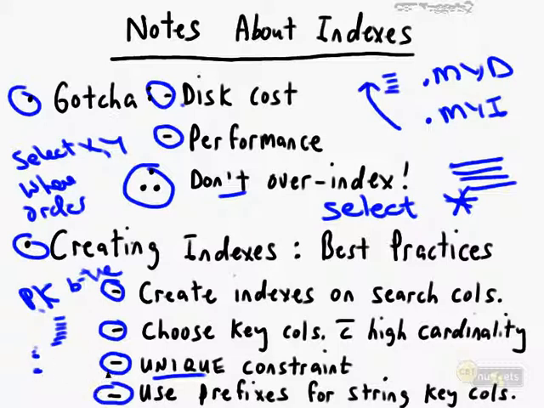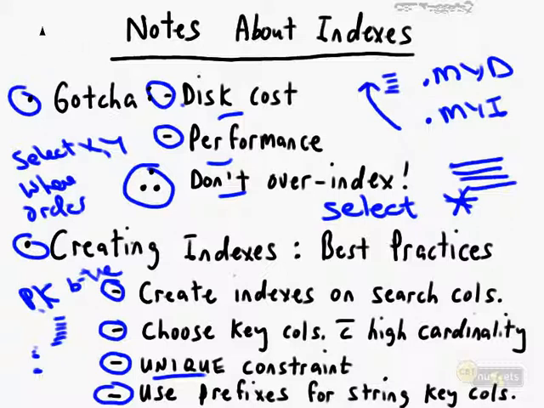Finally, if you decide to build an index on string columns, which could be very useful. I mean, last name doesn't have a great deal of cardinality, but if you're running an HR employees database and you're constantly doing lookups on last names, you'd probably want to create an index that keys on last name. When you do this for string columns, in order to save yourself some disk cost and performance, you can specify what's called a prefix.